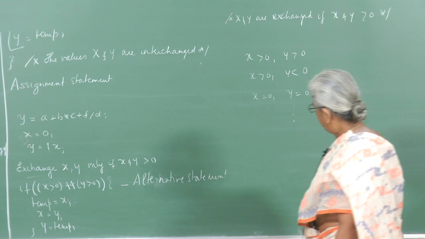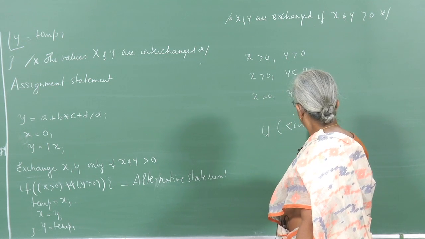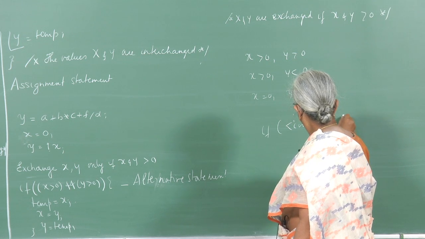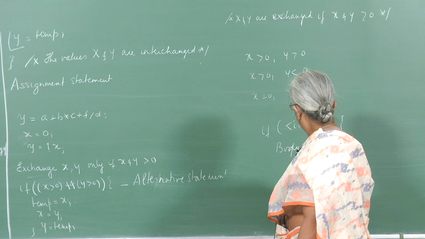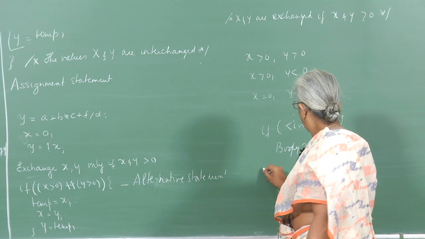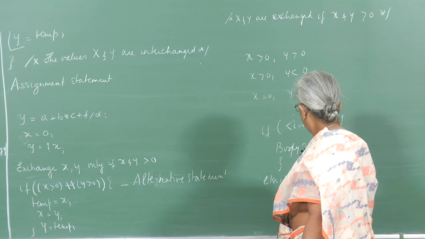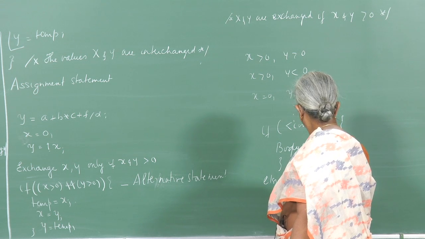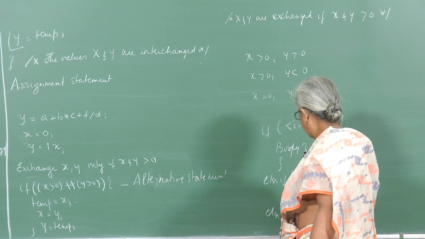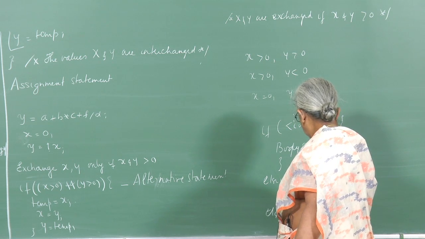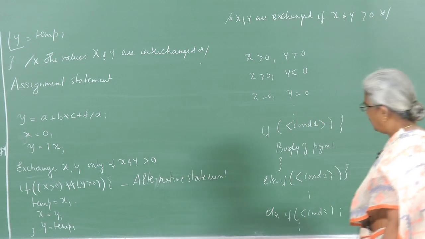Then all these can be written as: if condition 1, body of program, let me call it program 1, then else if condition 2, then you have another body of the program, else if condition 3, and so on. You can keep on extending this to a large number of alternative statements.